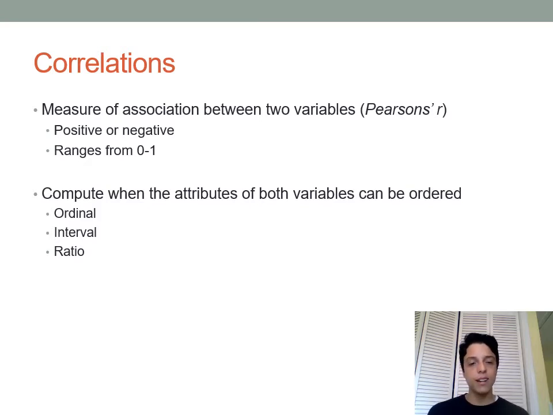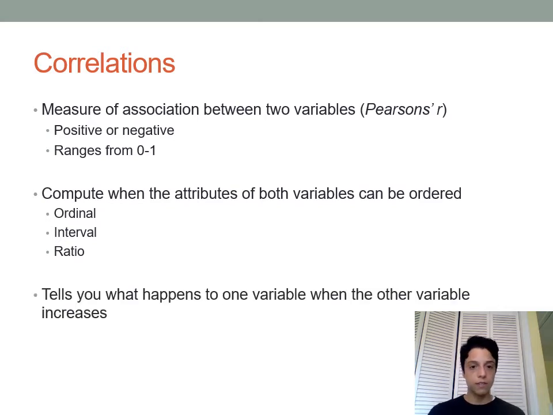So we're going to focus on just ordinal, interval, and ratio level variables. So variables where you have categories that go in order, you can rank them from least to most, biggest to smallest, and so on. Anything where you're going in some kind of order. And in a nutshell, what a correlation tells you is what happens to one variable when the other variable increases.